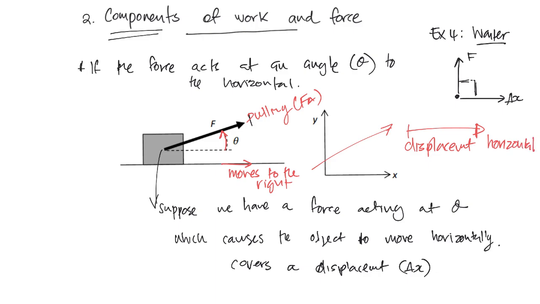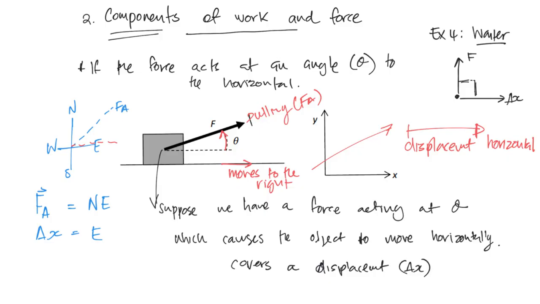Right, so if I'm looking at this kind of setup, I've got my force applied that's moving northeast, if I look at my cardinal points, but my displacement is moving east. So my displacement looks something like this.